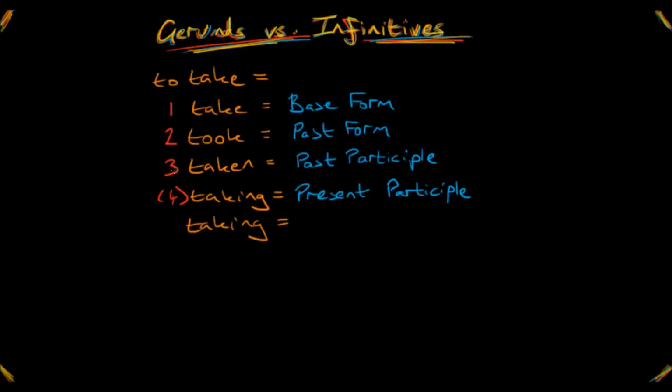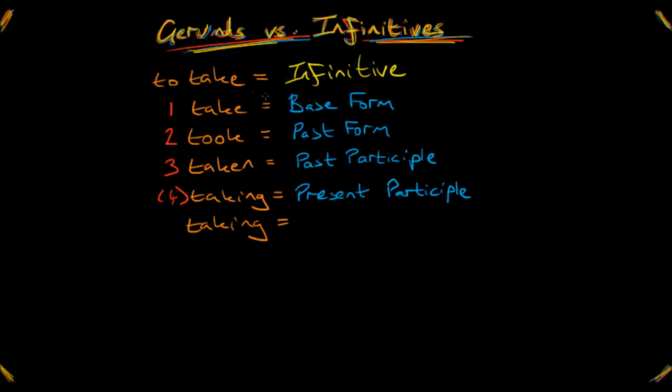So to take and taking, can you remember what they are? Well, there's a big clue right at the top of the screen. To take is what we call an infinitive. It's basically the base form with to added on. Okay?